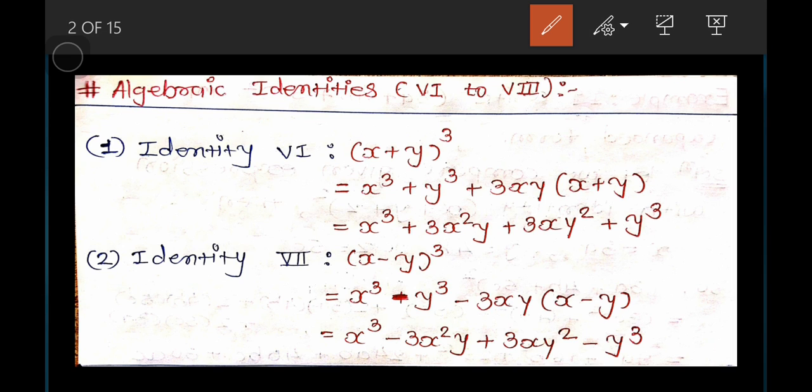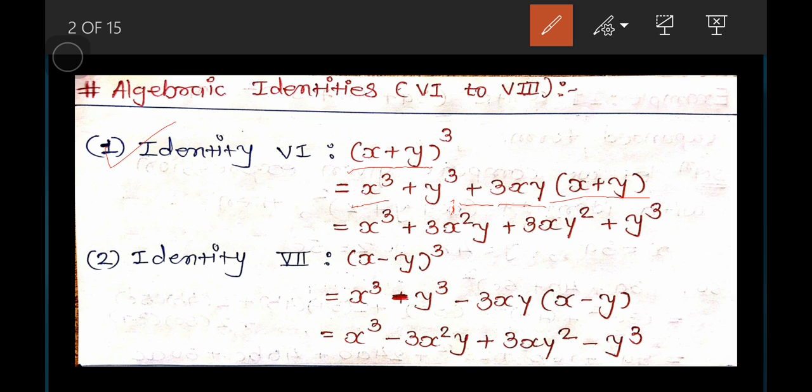The first identity, identity number 6, is given as (x + y) whole cube. We can expand this as x cube, second term y cube, plus 3xy into (x + y).